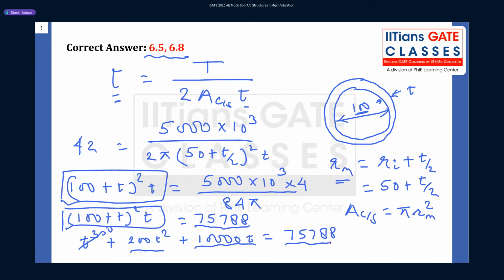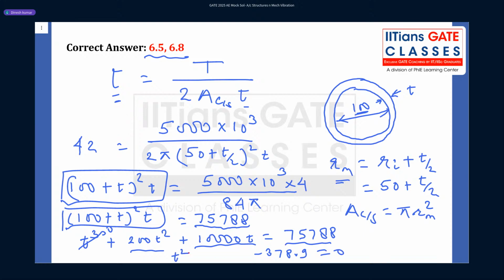Let me see. So it will be minus 378.9 equal to 0.